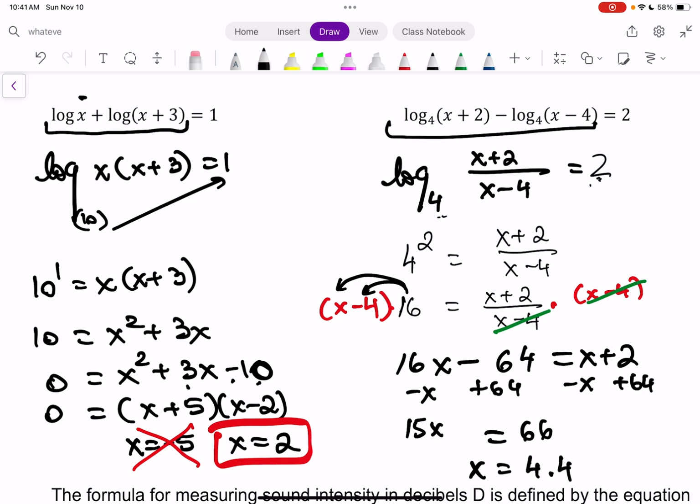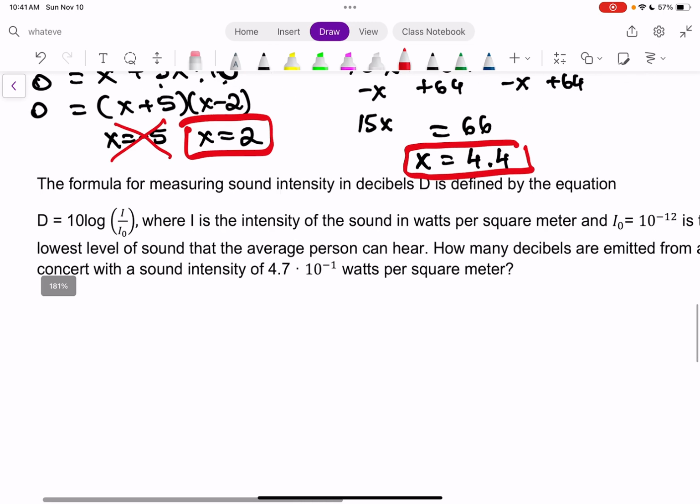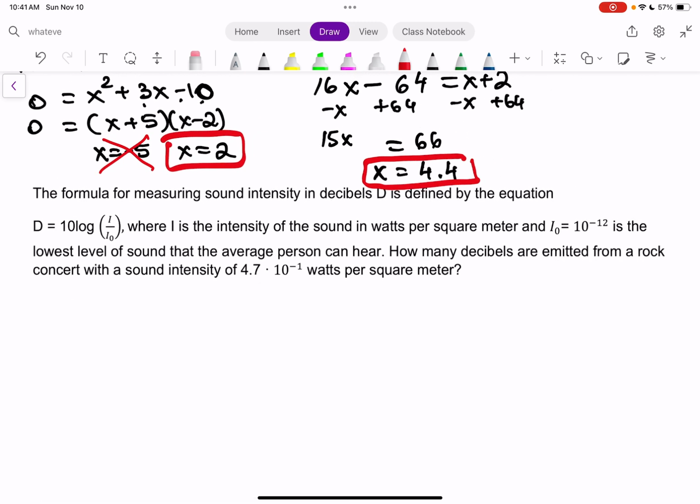And that's 4.4 in decimal form. So yeah, 4.4 plus 2 is positive. 4.4 minus 4 is still positive. So that's an okay answer. Okay. And that's it. Here it is. This one's actually pretty easy.